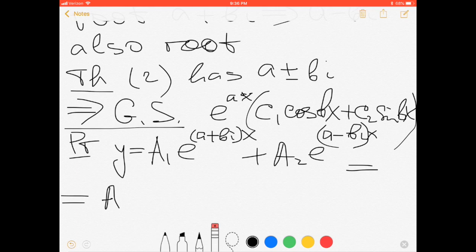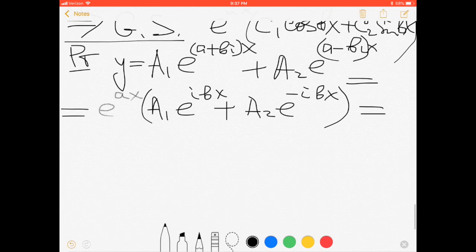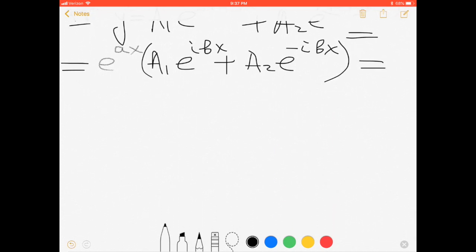Maybe I'm doing this way, just a moment. e to the power ax take out, and here we have a1 e to the power ibx plus a2 e to the minus ibx. Use Euler's formula, as we talked about before our theorem.